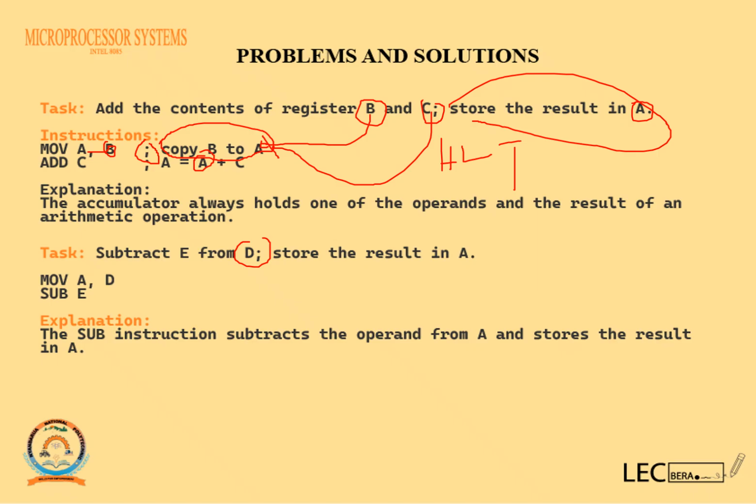So MOV A, D: you are moving what is inside D to the accumulator, and then subtract E. So we are subtracting what is inside register E from what is inside the accumulator. The SUB instruction subtracts the operand from A and stores the result in A.